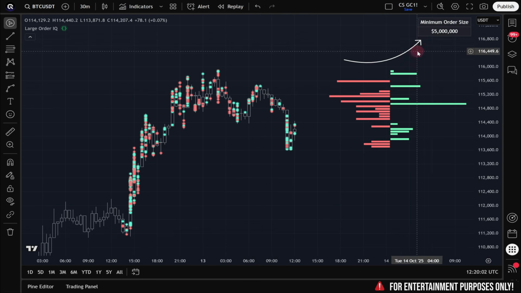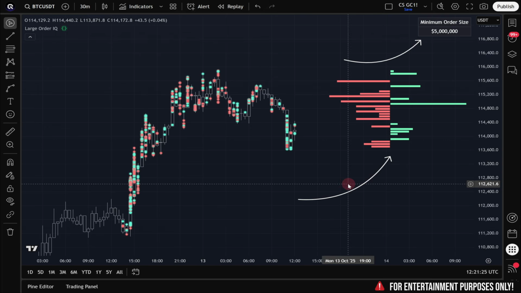Check out this box in the top right of my chart where it says minimum order size is currently $5 million. This means that every single bubble you see on my chart is an identified real order of $5 million or greater. And this profile over here is actually a volume delta profile based on $5 million orders or higher. So pretty cool, right?